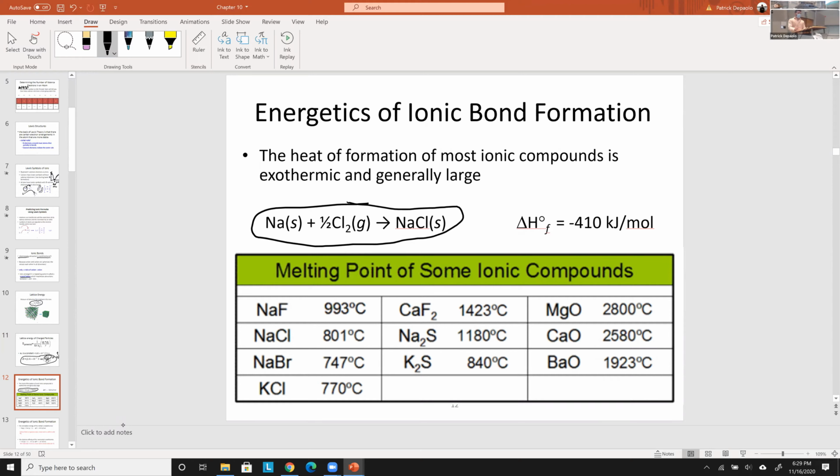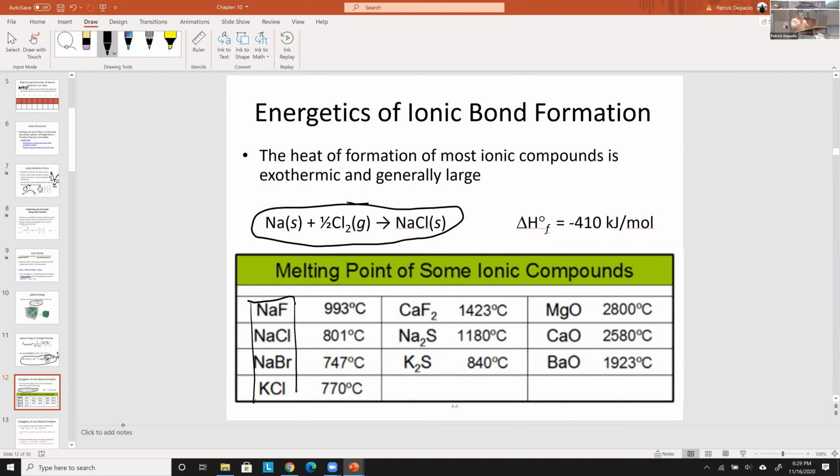This whole left column, what's each ion's charge? Good, yeah, they're all +1, -1. So if you put them in the energy equation, Q1 and Q2 are the same. So we're only changing the bond distance based on their size.